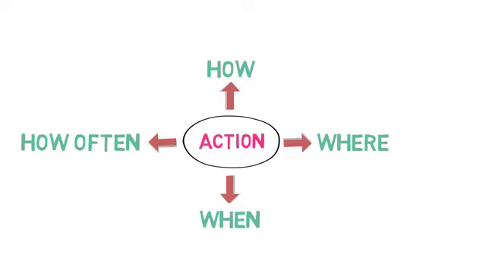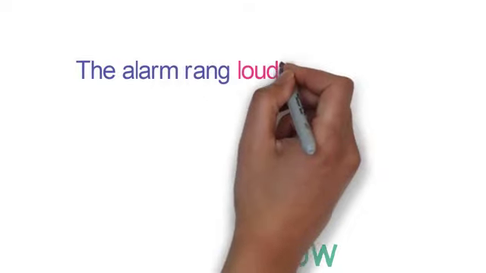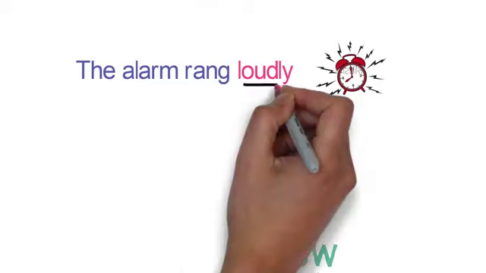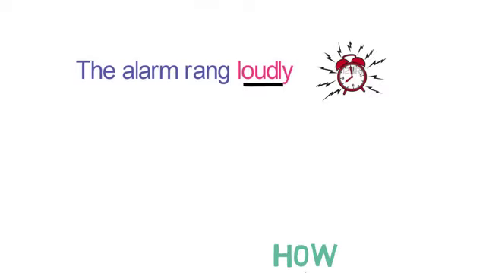Firstly, we will see the adverb that describes how an action is performed. The alarm rang loudly. Here we can identify that the alarm rang, but how did it ring? It rang loudly. So loudly is describing the manner in which the alarm rang, and hence it is an adverb.